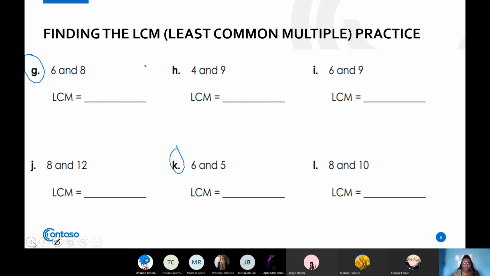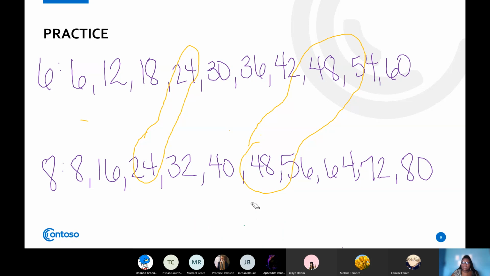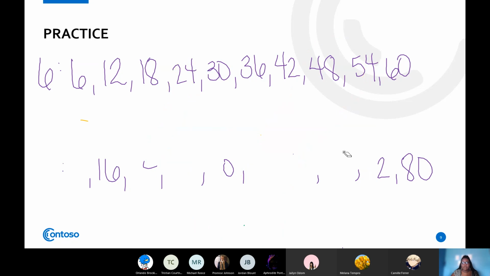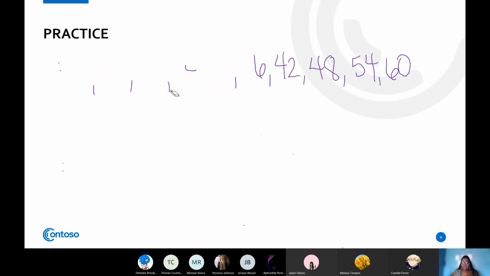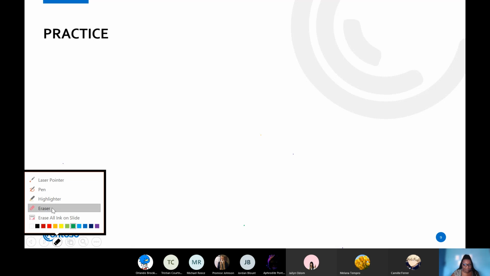Our next example that we're going to be working on is 6 and 5. Remember, guys, if Miss Neville's going too fast for you, this lesson is being recorded, so you'll be able to watch this lesson on Schoology to help you out with any notes you may have missed.